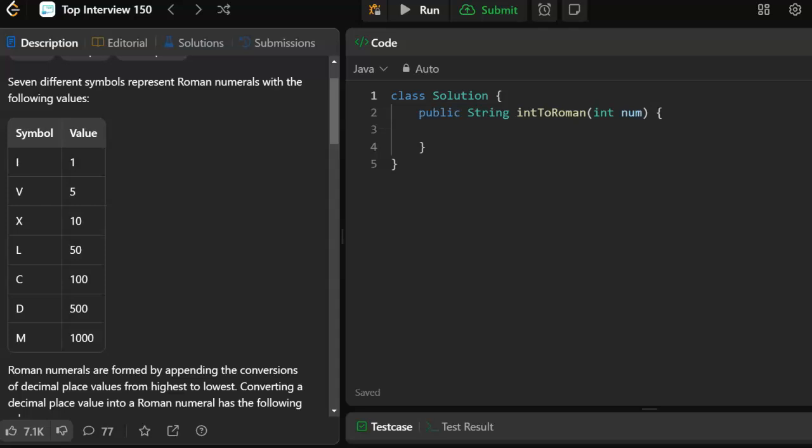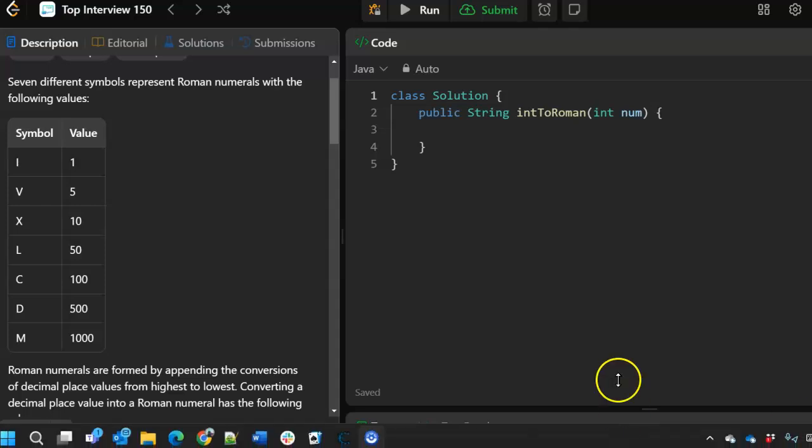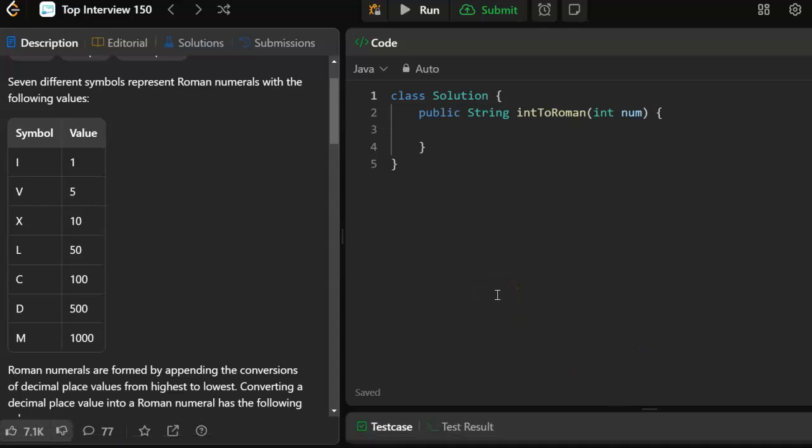We've got to compare 50, 90, 10, 40, 5, 9, 1, 4 because of these exceptions in the way certain numbers are handled. No more than 3 of the same symbol in a row. But I think with some pre-processing on this, we can actually come up with a pretty nice solution.